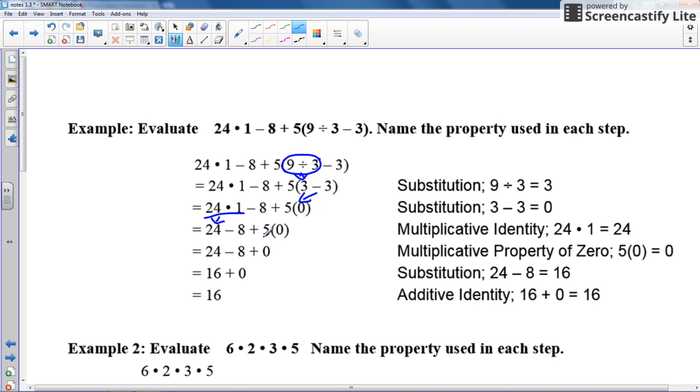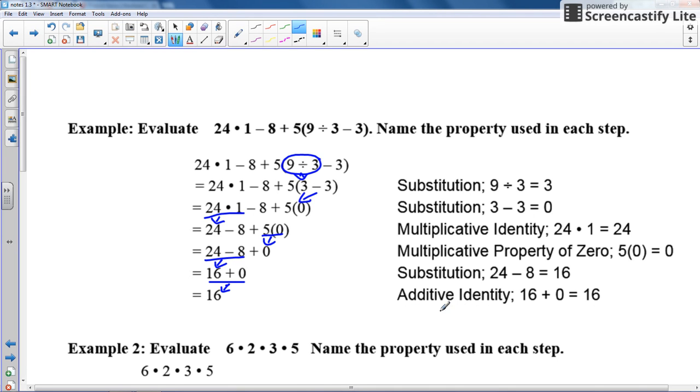Then we can do 5 times 0 is 0. And that's the multiplicative property of 0, that any number times 0 is 0. Then we can simplify 24 minus 8, and that is 16, and that is substitution. And then finally, we can do 16 plus 0 is 16.